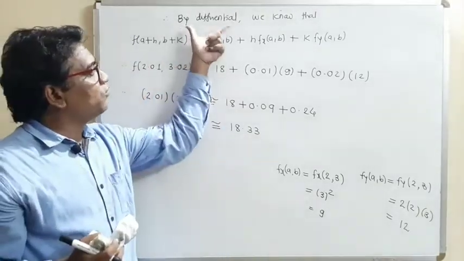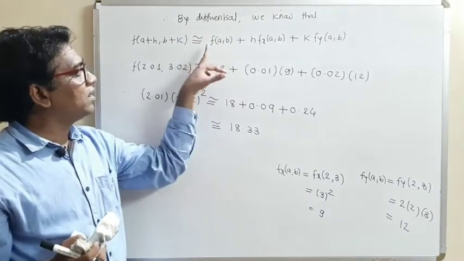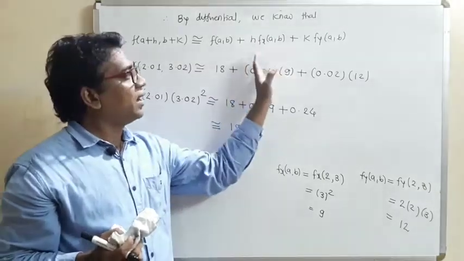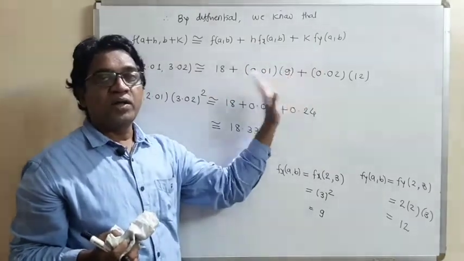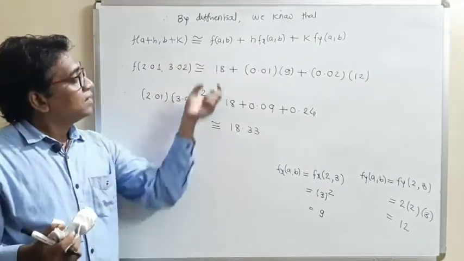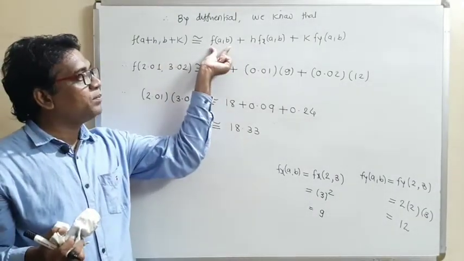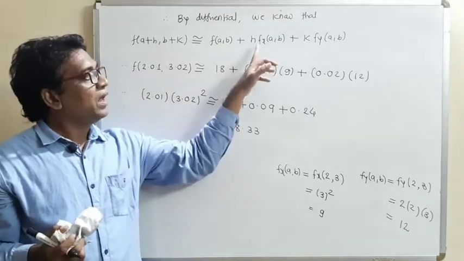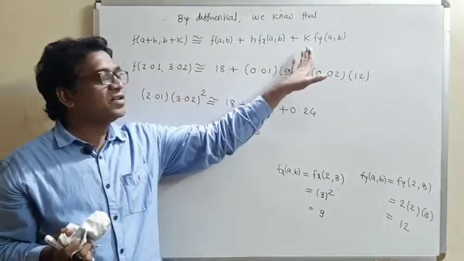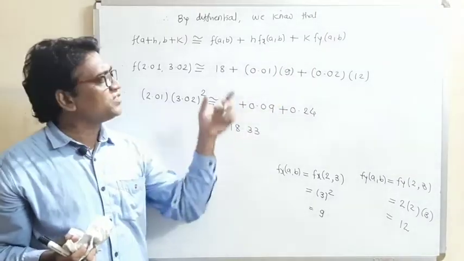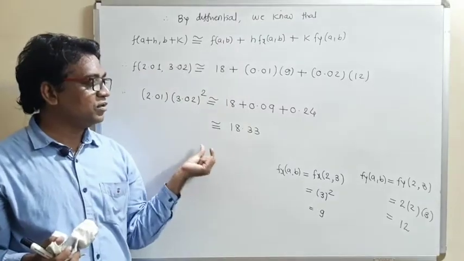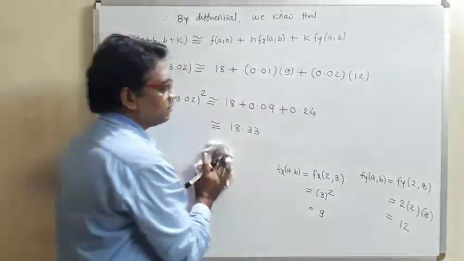This differential formula contains three functions: f, the second function fx, and the third function fy. There are three functional values. F at (a, b) is the first functional value, fx at (a, b) is the second, and fy at (a, b) is the third. So just calculate these three values, put the values and find out the numerical or approximate value.